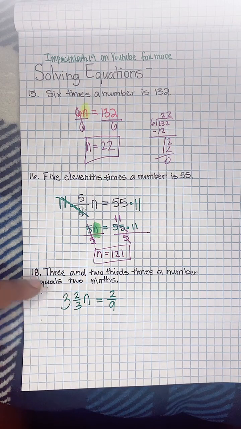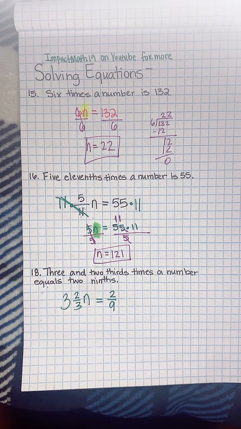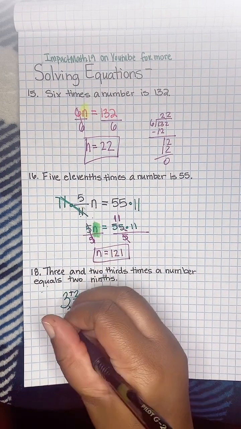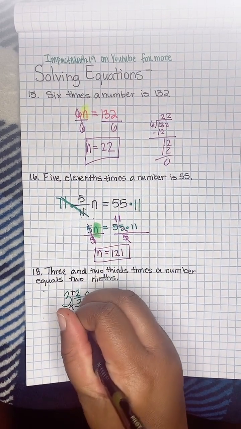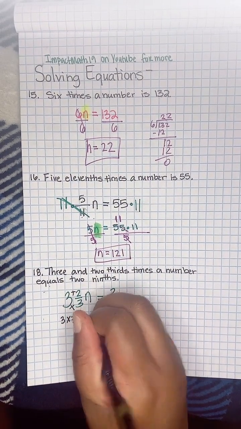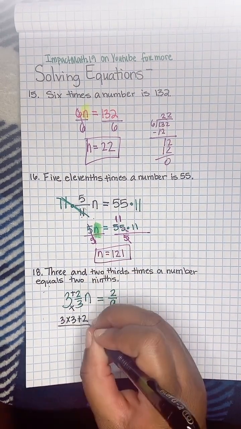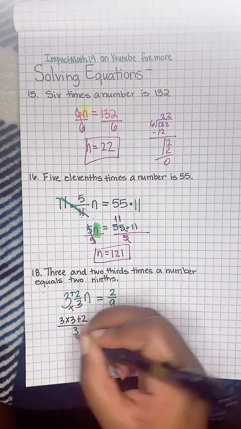What we're going to do here is change this mixed number to an improper fraction. And how we do that is we multiply and then we add. So we do 3 times 3 plus 2. So we multiply, then add, over what it's being divided by.